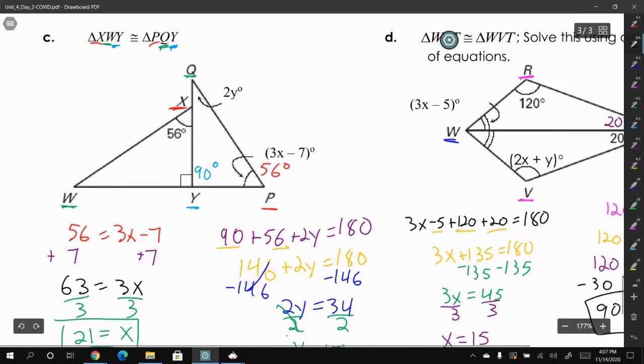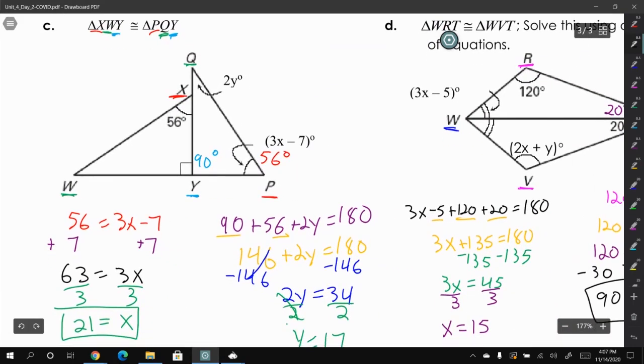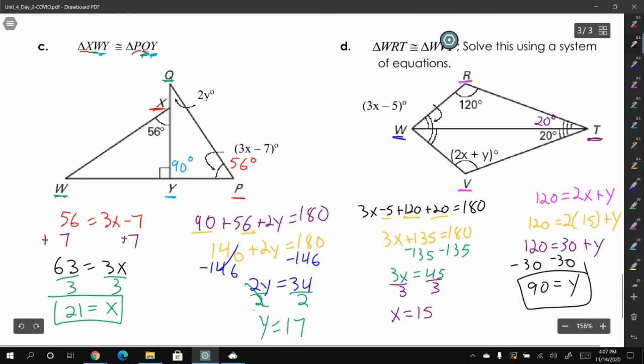Down here, we had 2 separate equations to figure out for x and y. Again, I color-coded things, and that box means 90 degrees. So I knew that angle x and angle P were congruent. So my first equation was 56 equals 3x minus 7. I solved that, I got x equals 21.